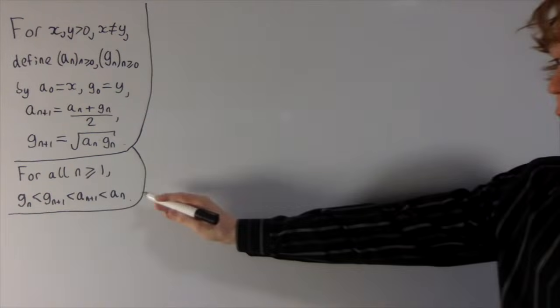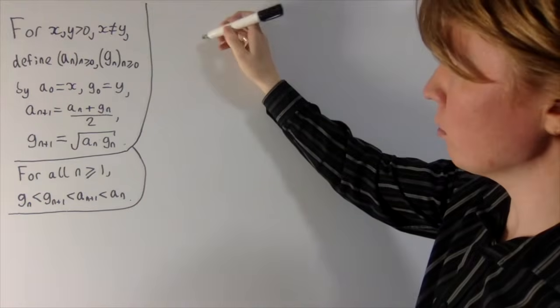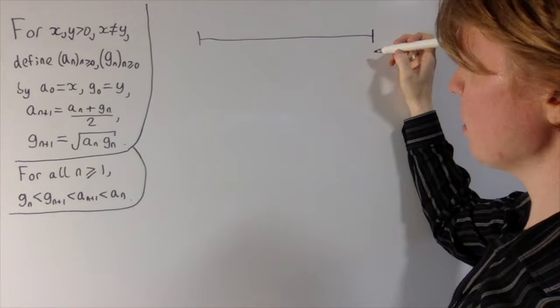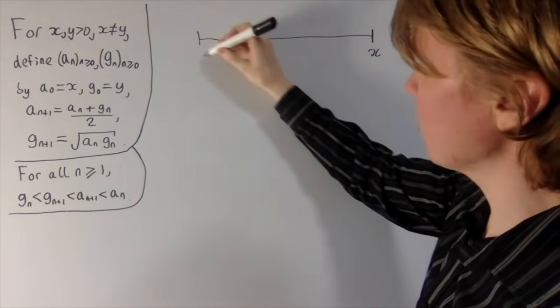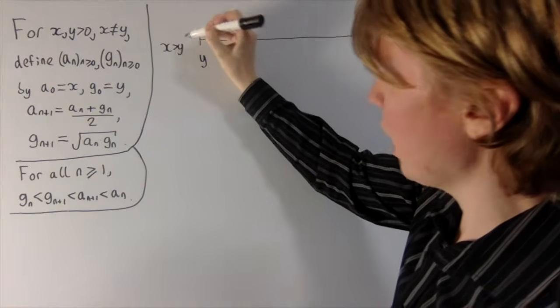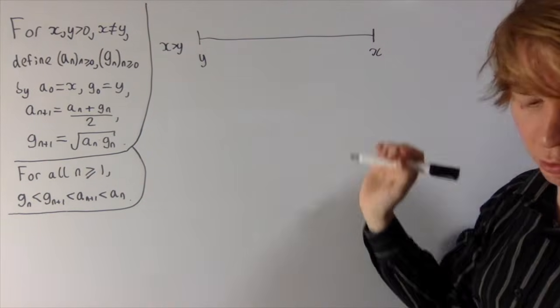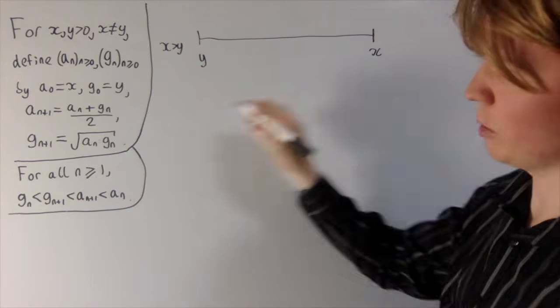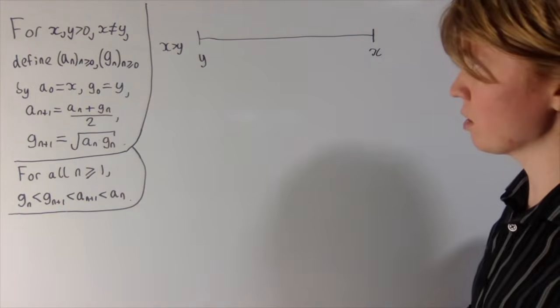So now let's put this inequality to use. So the first thing I'm going to do is draw out what's going on here. So let's assume that x is greater than y. So we'll deal with the other case in a sec. But if we assume that x is greater than y, let's just have a look on a number line between y and x, what's happening with our An and our Gn sequence.